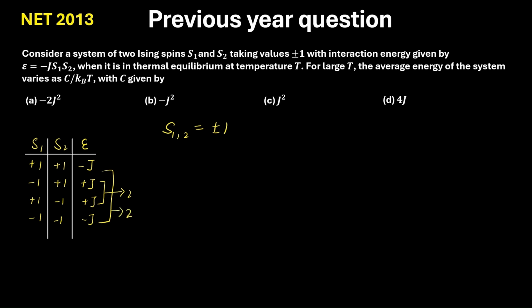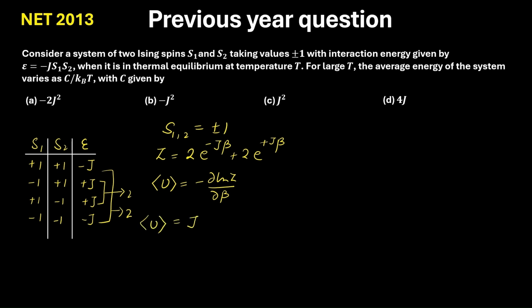Now with this information, we can write the partition function. So it will be 2e to the power minus J beta plus 2e to the power plus J beta. Now we have got the partition function. So we can find the average energy using this formula. Now you can pause the video and do the differentiation, and I'm writing the final answer from the differentiation.